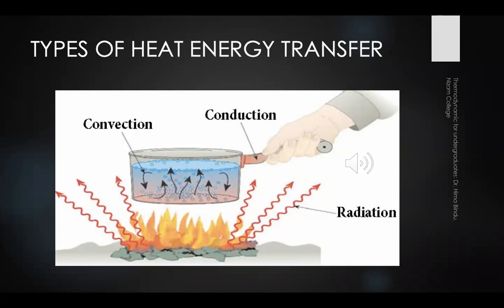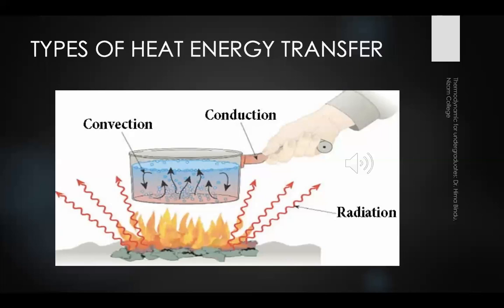To explain this, look at the figure. There is a vessel containing water. And when you start heating it, there is no direct contact between the flame and the vessel. But yet, through radiation, the vessel gets heated.